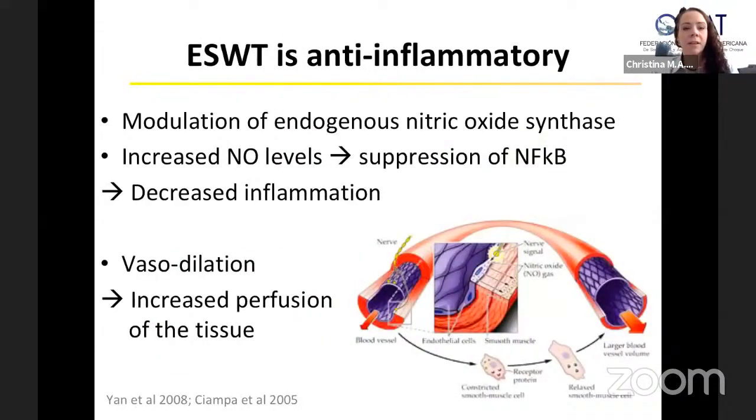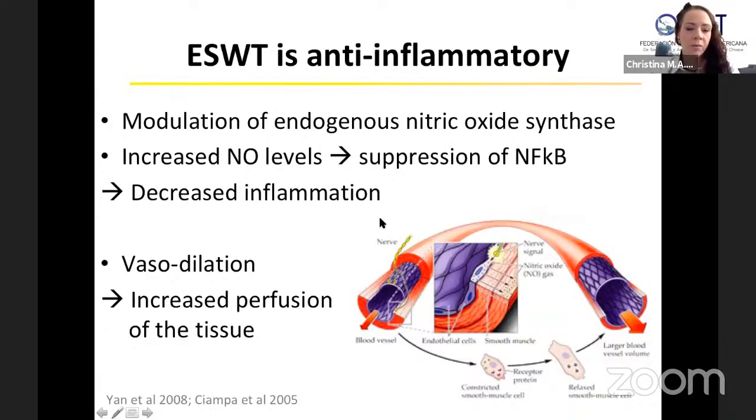Another very interesting effect is the modulation of endogenous nitric oxide synthase. With an increase of endogenous nitric oxide synthase, we have increased nitric oxide levels, which again leads to the suppression of the activation of NF-kappa B, which is associated with inflammation. So increasing the nitric oxide levels decreases inflammation.